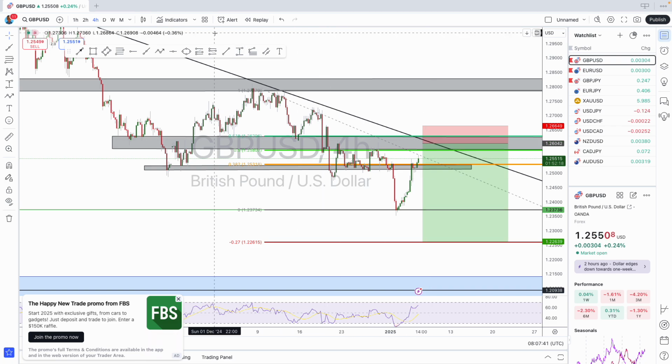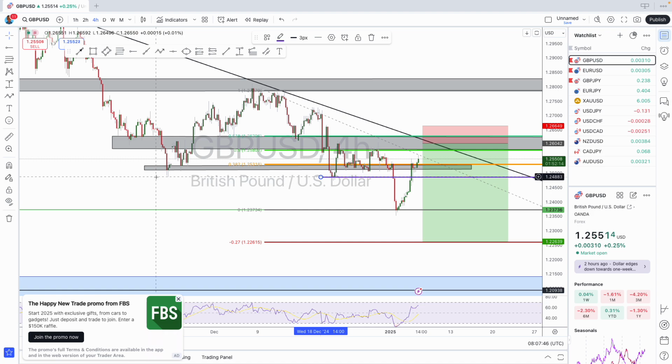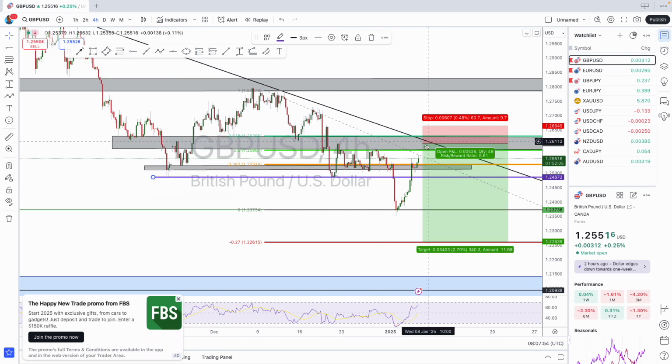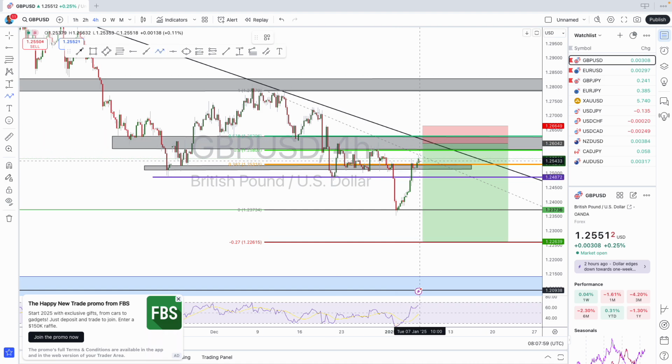So what I'm going to do is mark this guy here. You see, if I elongate it, we have something cooking on this side, right? It aligns with the wick here and then here. So my guess is if we do not get into here and we start turning down, we would reach a point where we will retest this key level, and this is where I would want to sell.